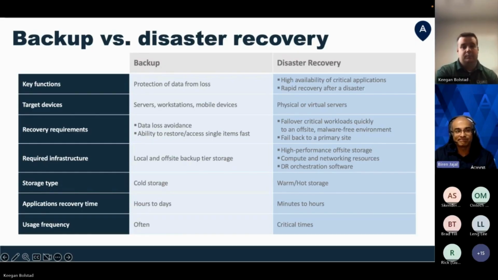It's about higher performance, having standby compute and resuming in a very quick period of time, usually less than 15 minutes, or different people have different recovery time objectives, but getting those workloads back very quickly so that you minimize the downtime related to that event.